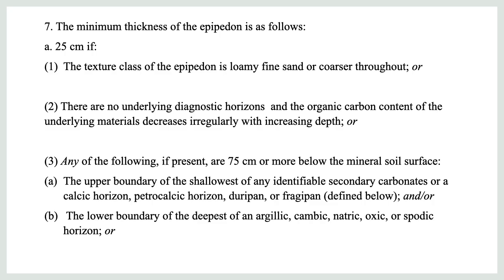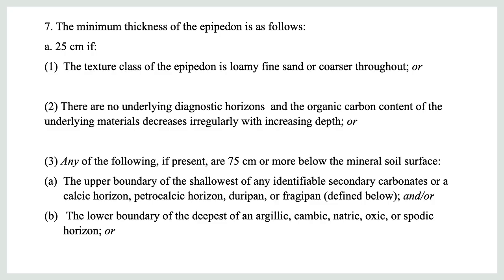Or you can see here, the number 3, any of the following, if present, are 75 centimeters or more below the mineral soil surface. So they are found below 75 centimeters or even more than this below the soil surface, okay? The upper boundary of the shallowest of any identifiable secondary carbonates or a calcic horizon, petrocalcic horizon, duripan, or fragipan, we will see everything else.